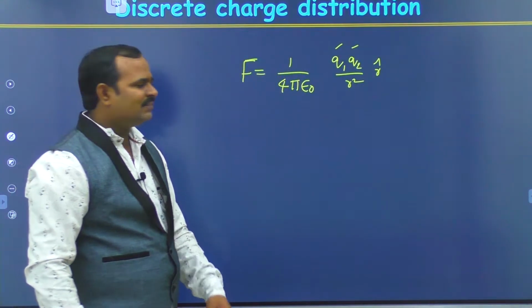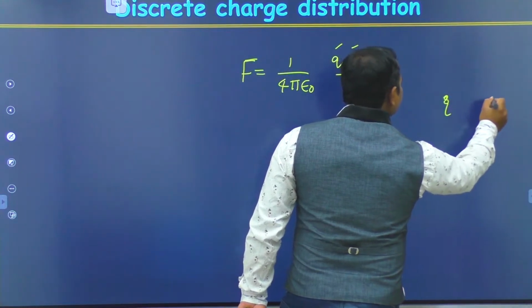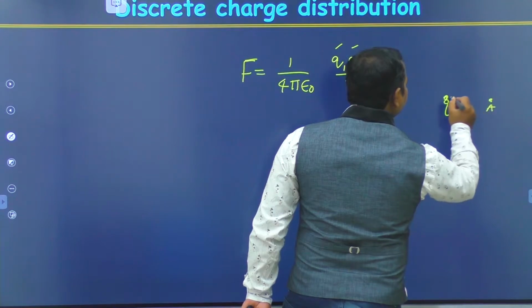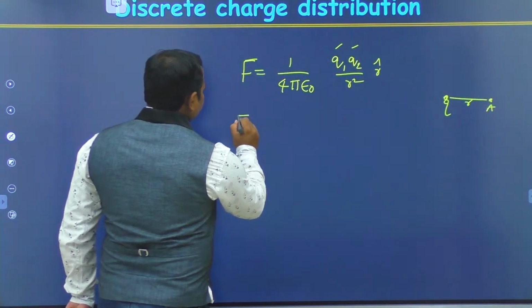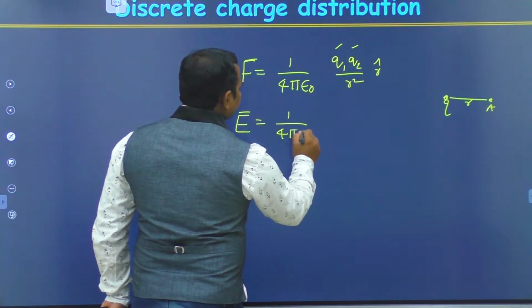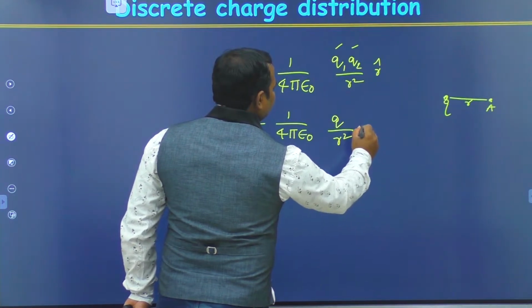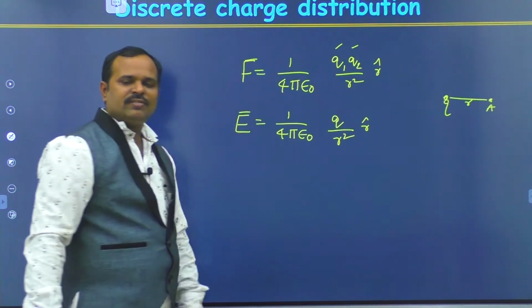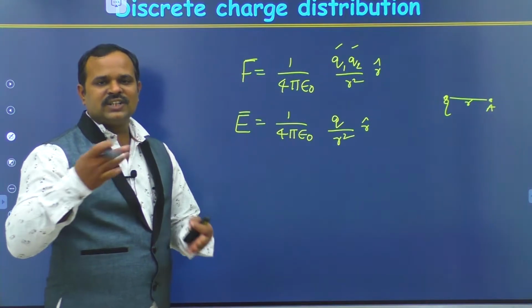And the intensity of the electric field at a distance R from the charge Q is given by E bar is equal to 1 by 4 pi epsilon naught Q by R square R cap. These two are the formulas that we have seen for a discrete charge distribution.